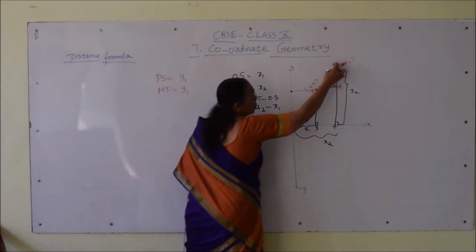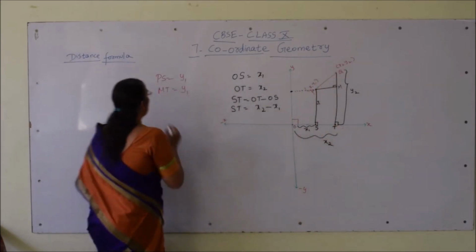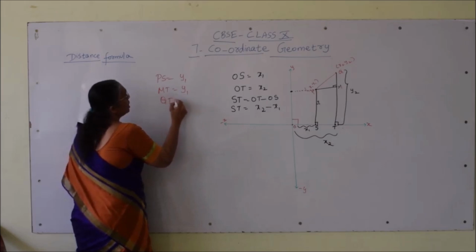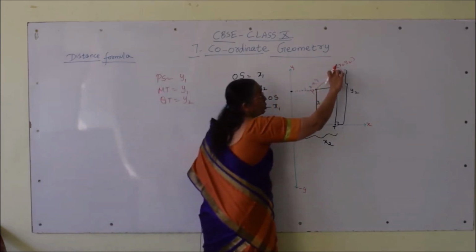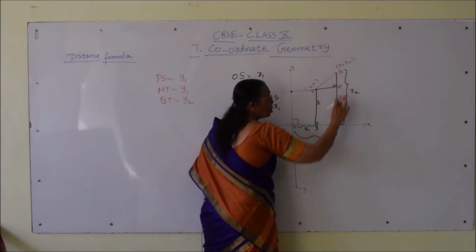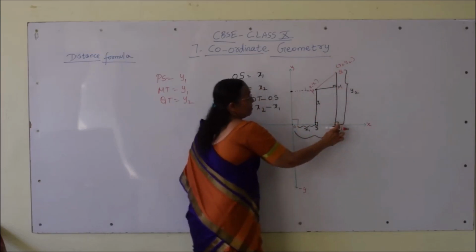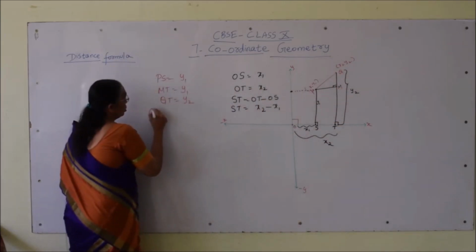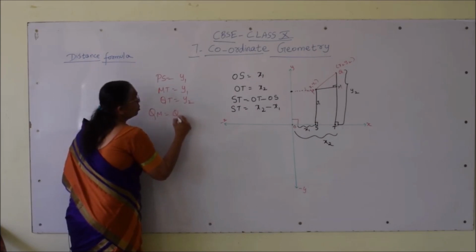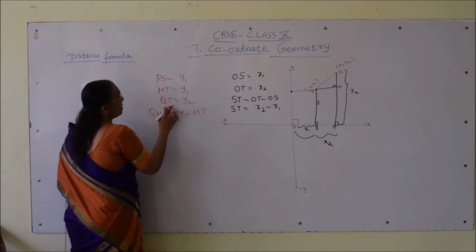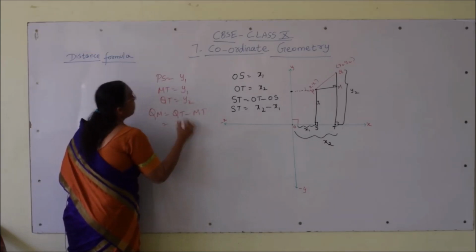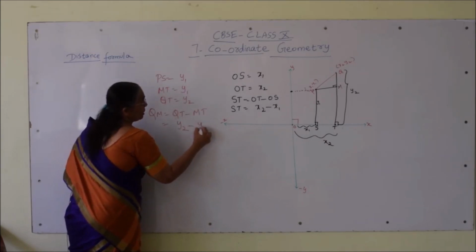Next, QT is Y2. I need the distance QM. QM is nothing but QT minus MT. We already have the QT value, which is Y2, and MT is Y1.